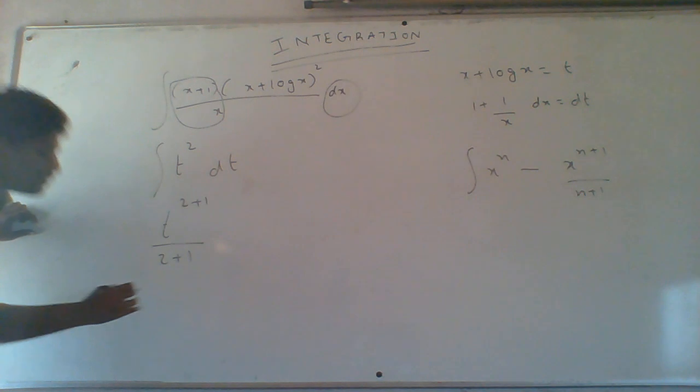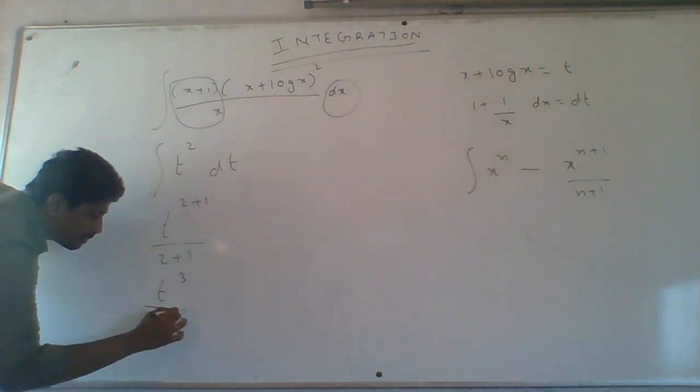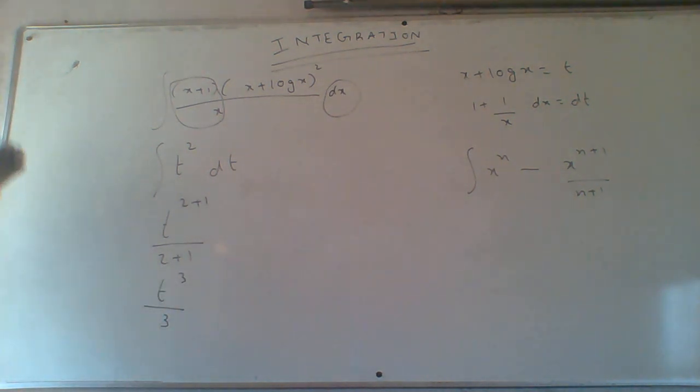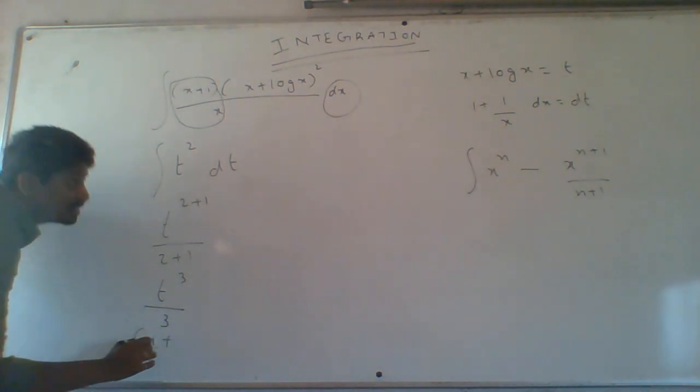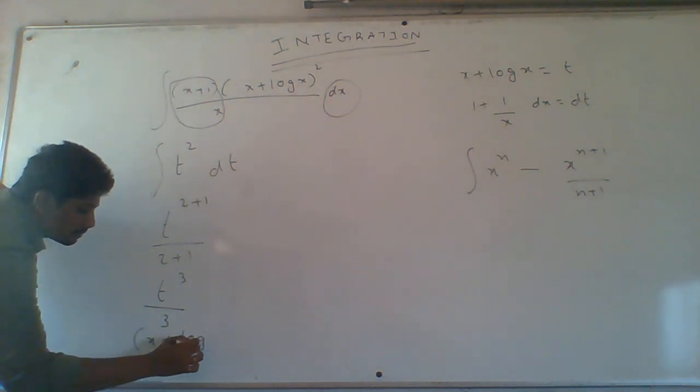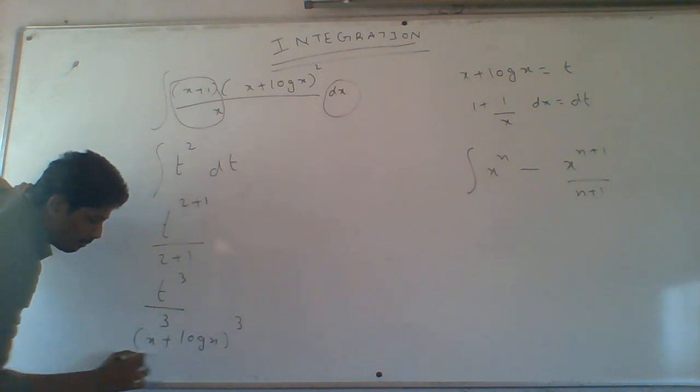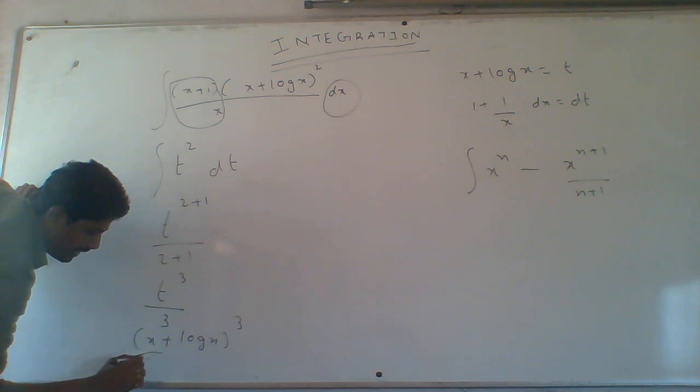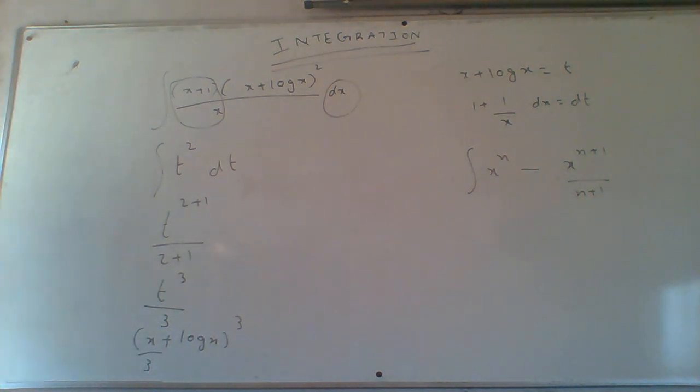Next, t power 3 by 3. What you have to put in the place of t? (x plus log x) whole cube by 3. See the steps here.